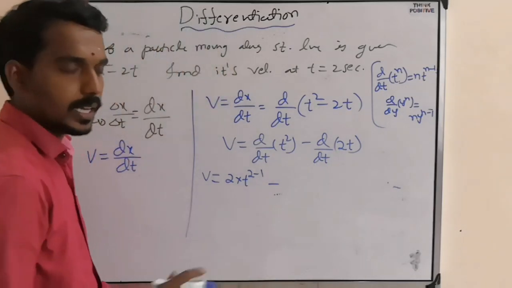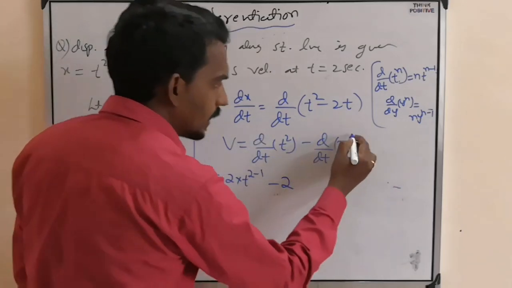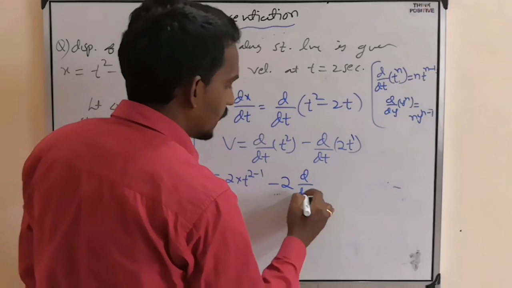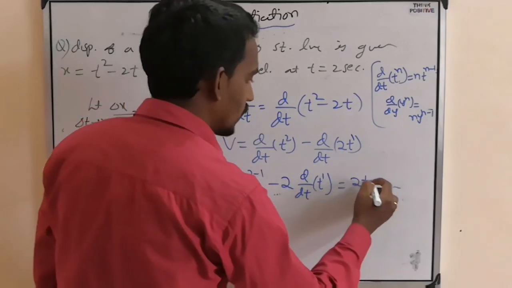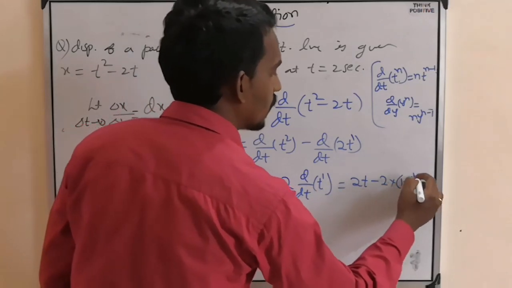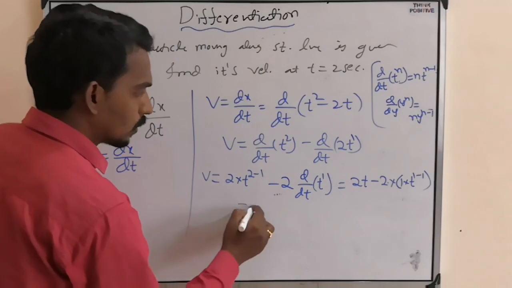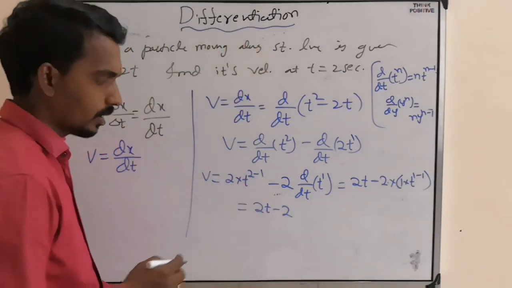Also, here one constant is there, multiplying the variable. Then you have to take it out. Then here the power is 1. So d by dt of t power 1. Then this will become 2t minus 2 into 1 into t power 1 minus 1, equal to 2t minus 2, because t power 0 is 1.